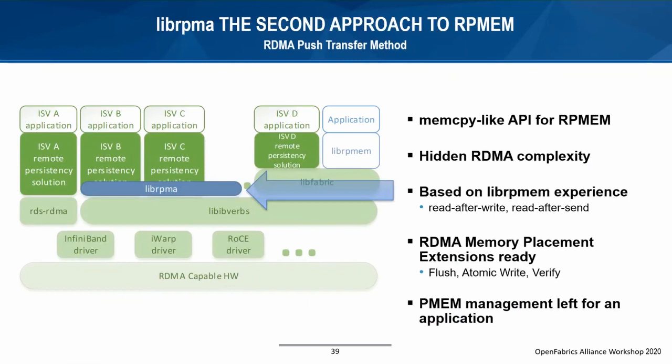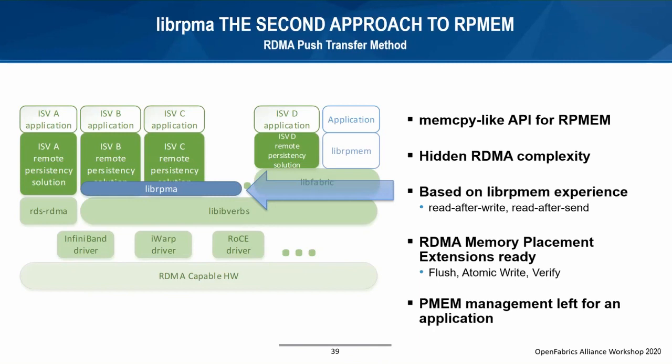We reuse the core of the librpmem algorithms because we know how to implement replication in a very effective way. The librpma is designed in such a way that it's ready for new coming verbs. So you will see them on the API.